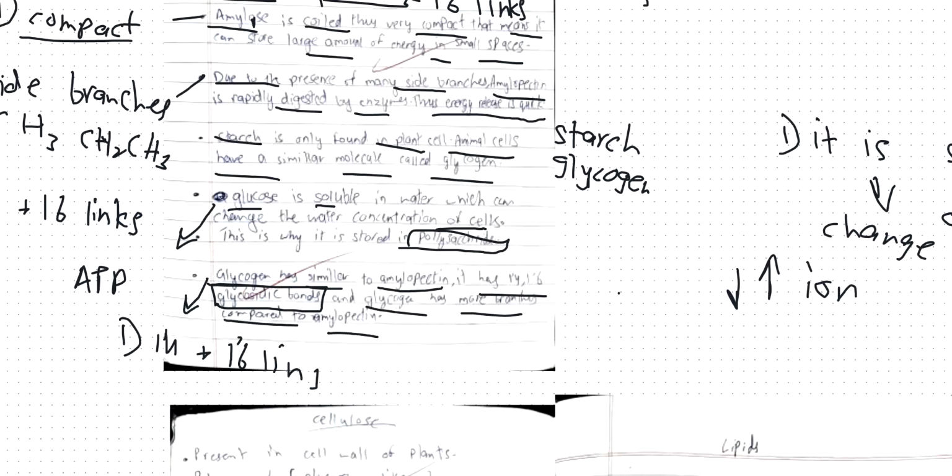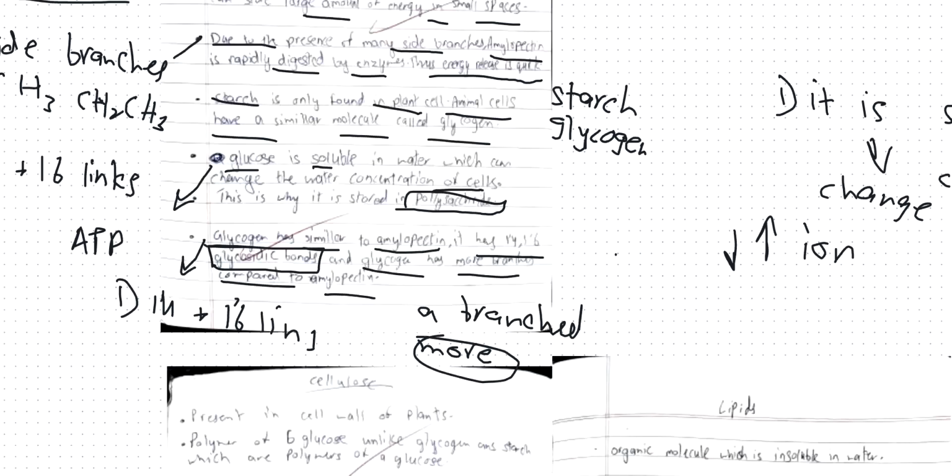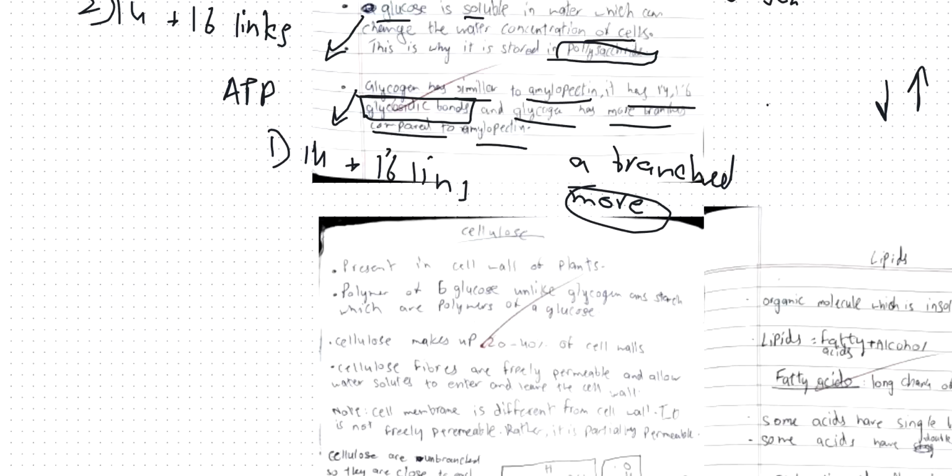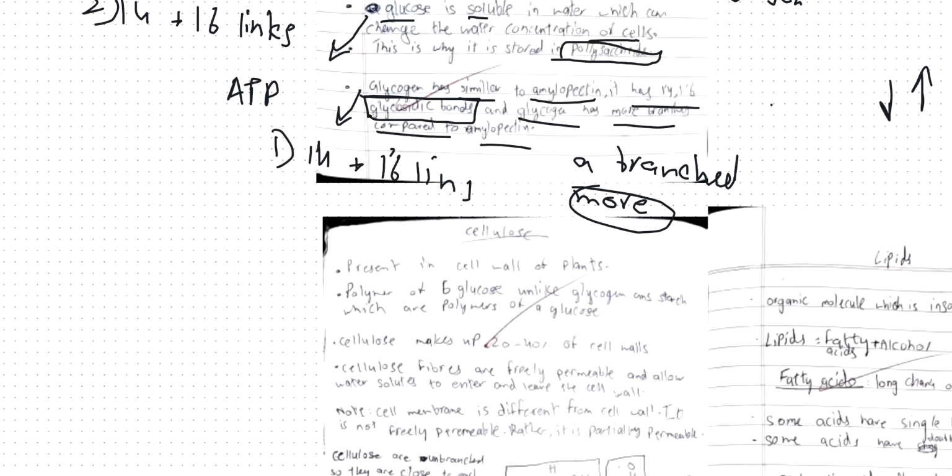So glycogen is a branched compound, and it is more branched compared to amylopectin. Glycogen, remember again, is found in animal cells, whereas starch is found in plant cells.